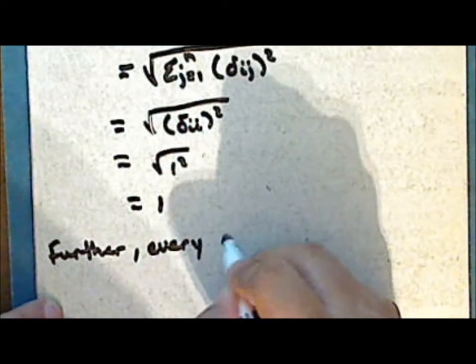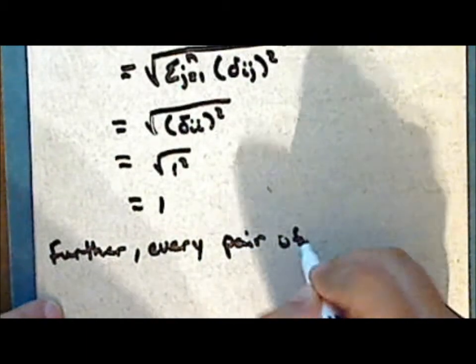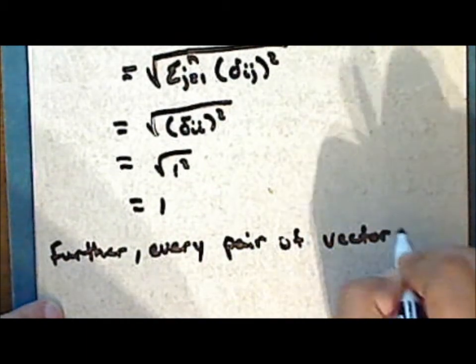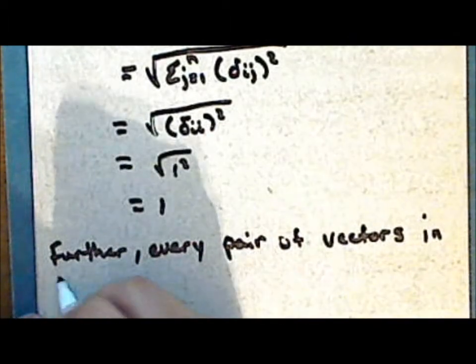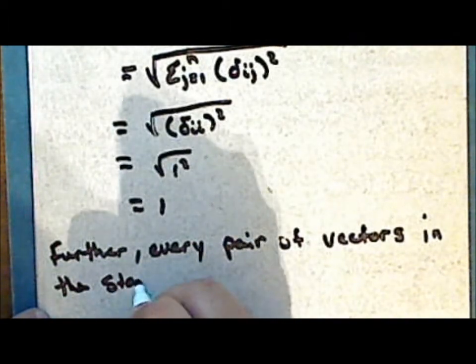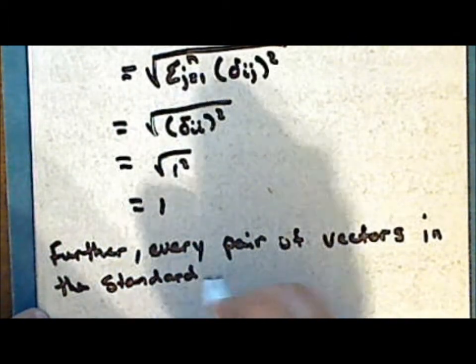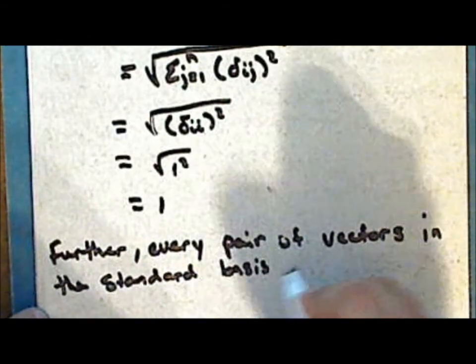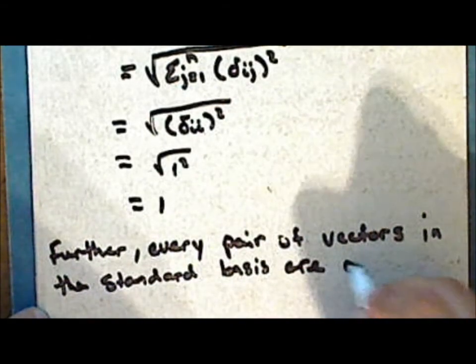Further, every pair of vectors in the standard basis are orthogonal.